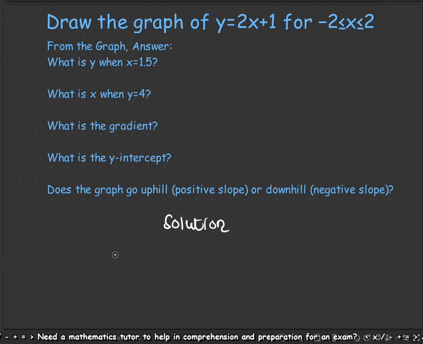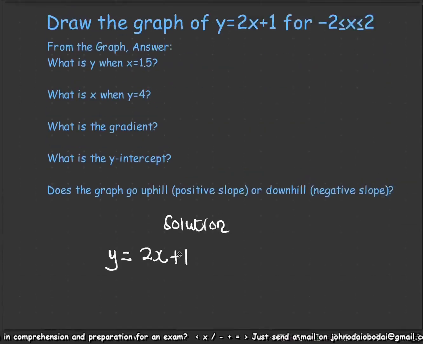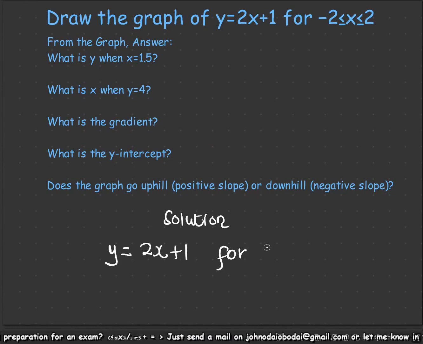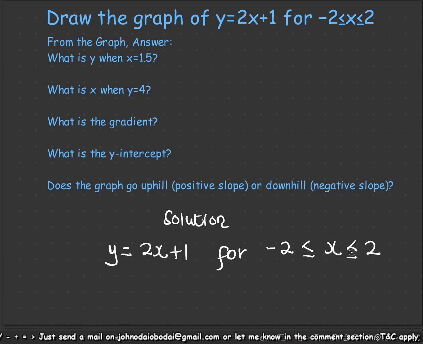Now we know that the equation of the line gives us y is equal to 2x plus 1. That is the equation we've been given. And it says for -2 is less than or equal to x, less than or equal to 2.